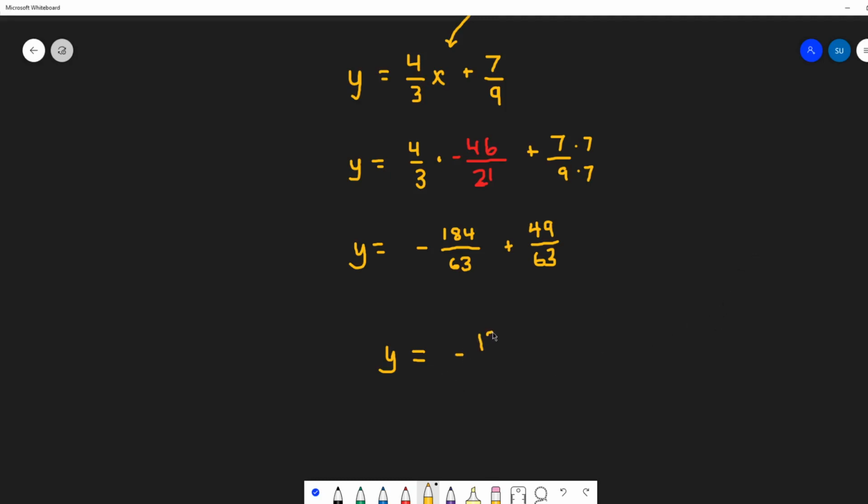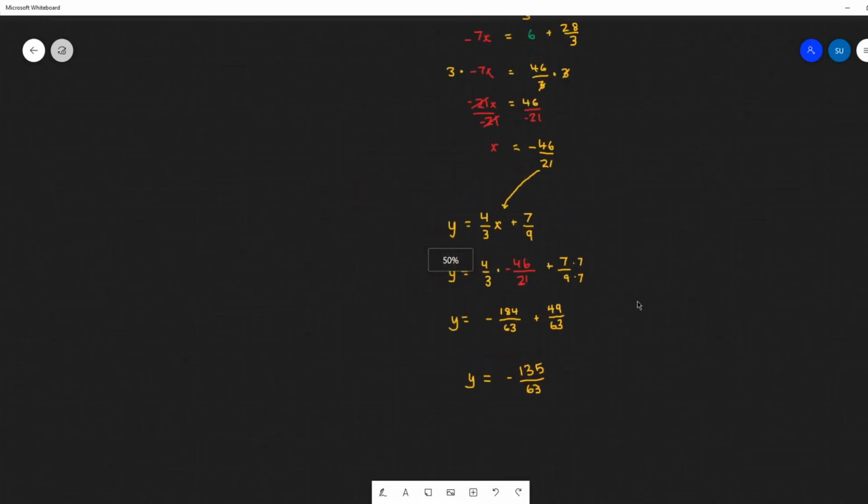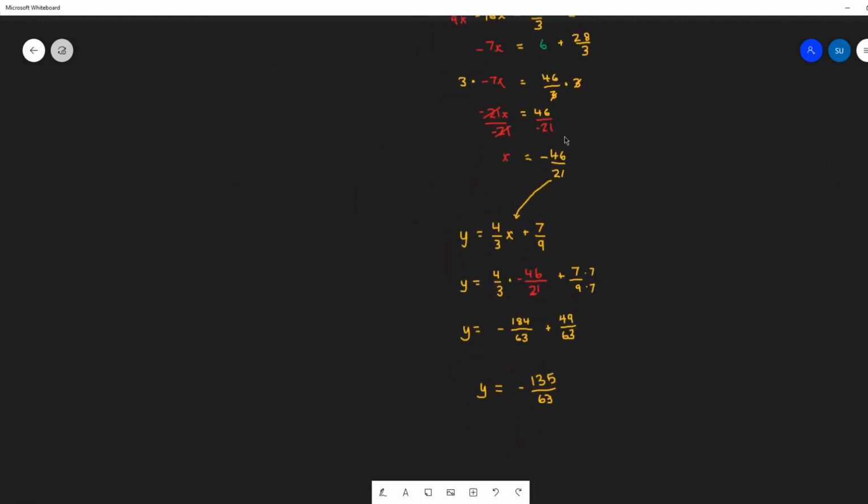So our final answer here is going to be negative 135 over 63. So our solution set to this system of equations was x equals negative 46 over 21 and y equals negative 135 over 63.